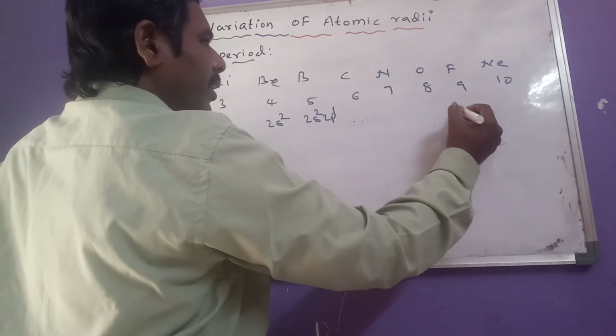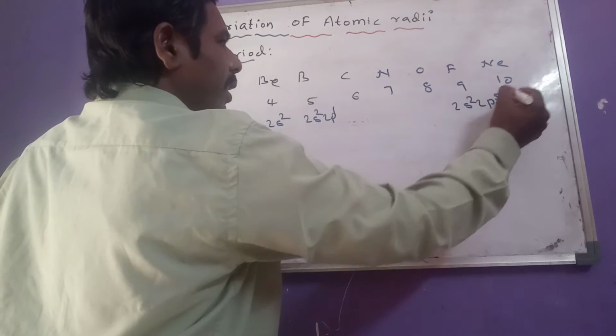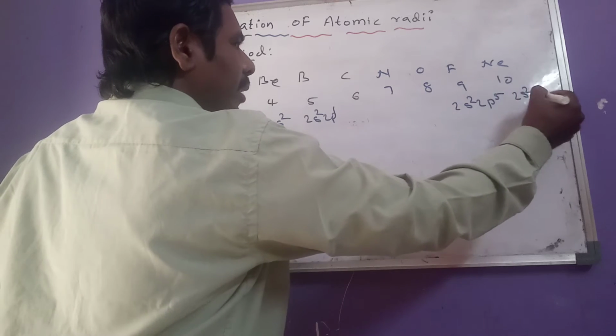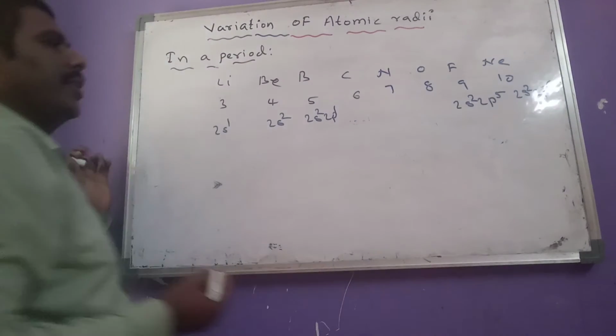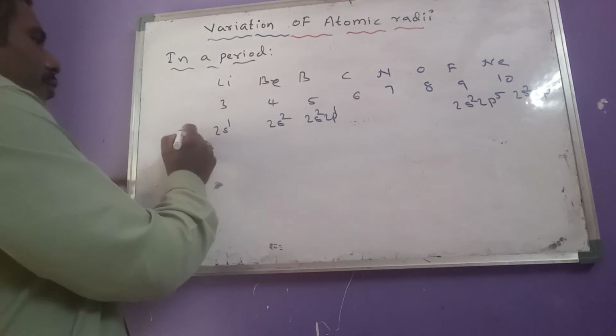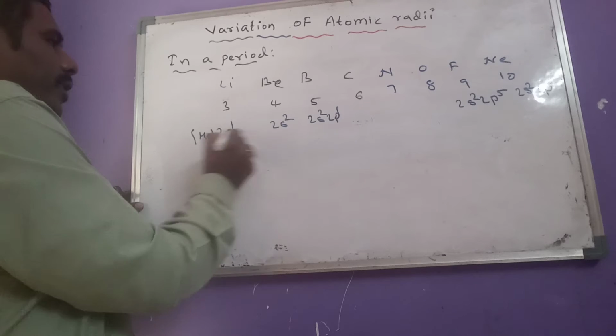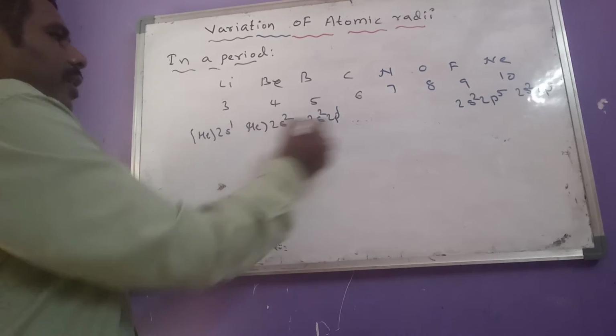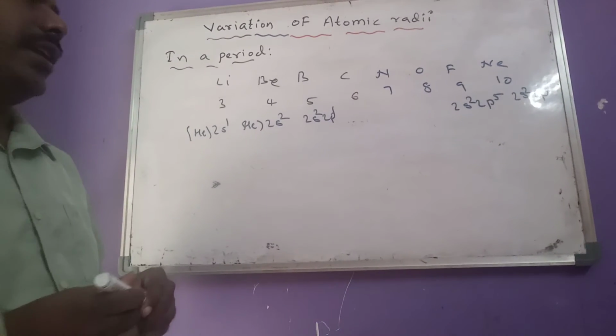For fluorine helium 2s2 2p5, for neon helium 2s2 2p6. So these are the configurations. Of course, helium we have to write in front of this configuration, so in all the cases we have to write helium.